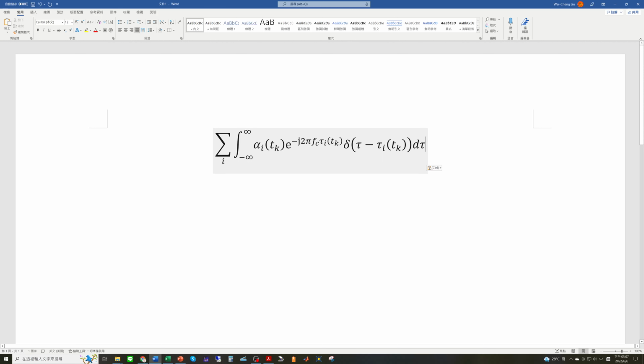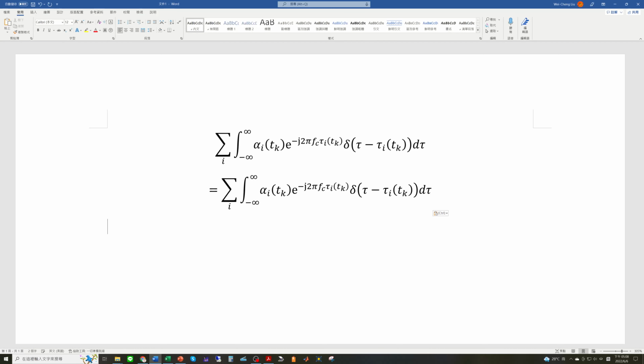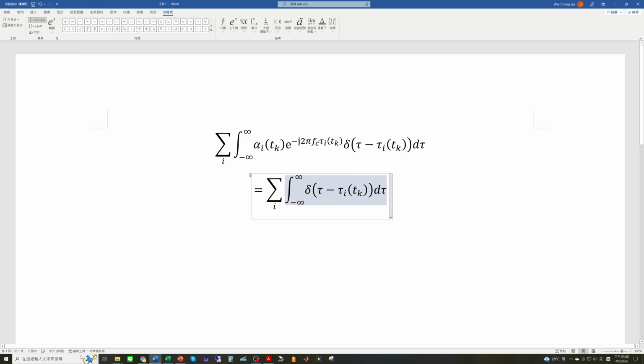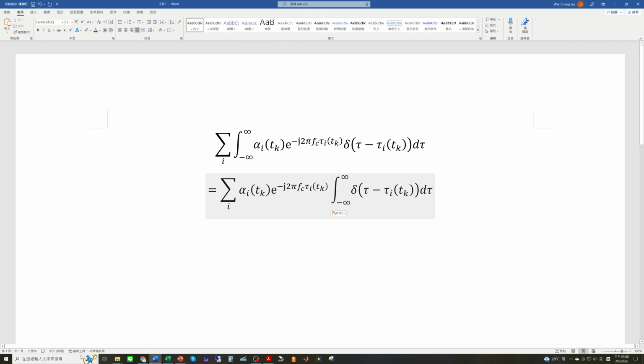So we can move this term out of the integral, like this. And according to the definition of the delta function, this integral is equal to 1.